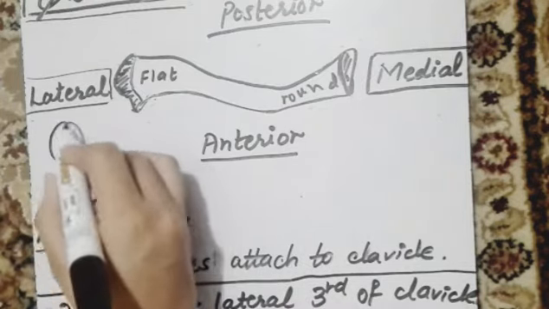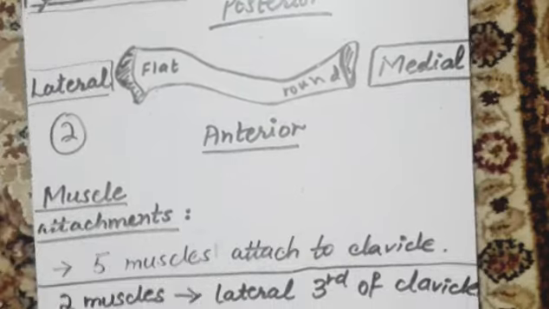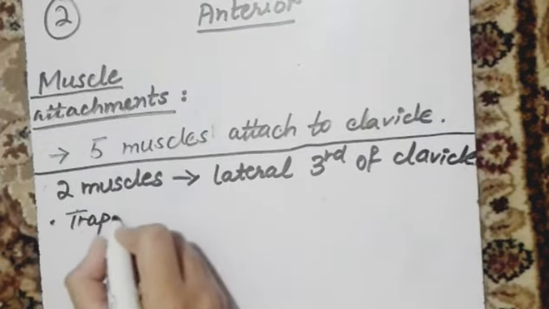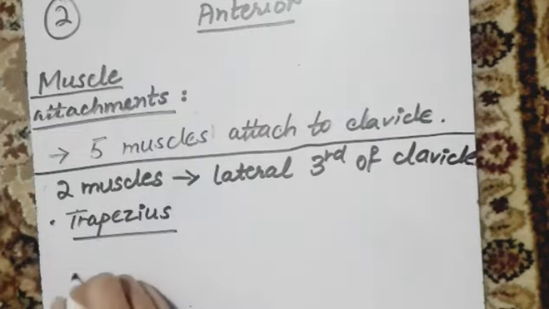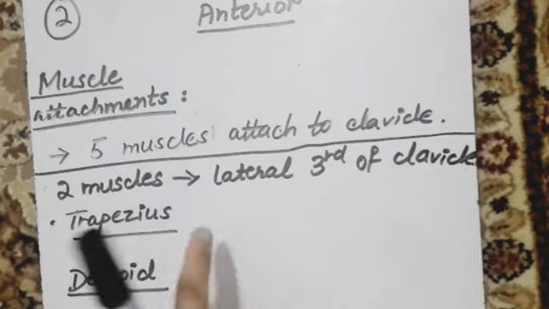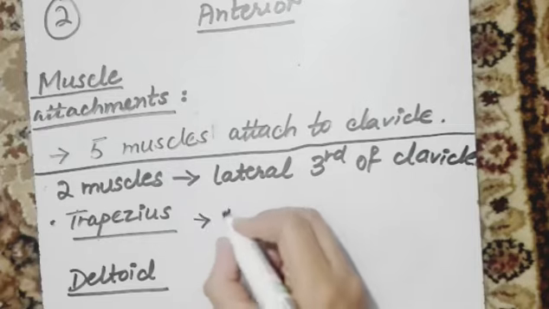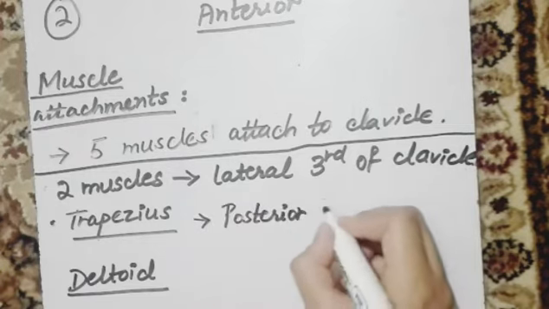There are only 2 muscles that attach here. The first one being the trapezius muscle, and the second one is the deltoid muscle. Trapezius and deltoid. Trapezius is found on the posterior surface of the bone.